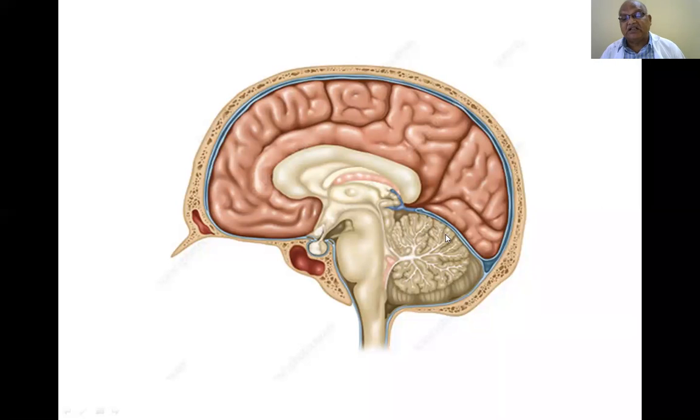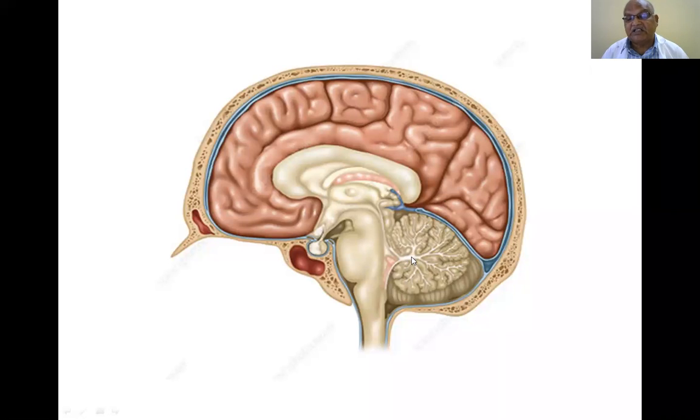If you see the section of the cerebellum, it has a characteristic feature. The central nervous system consists of gray matter and white matter. In the spinal cord, gray matter is inside and white matter is outside, whereas in the cerebellum and cerebrum, gray matter is outside and white matter is inside.